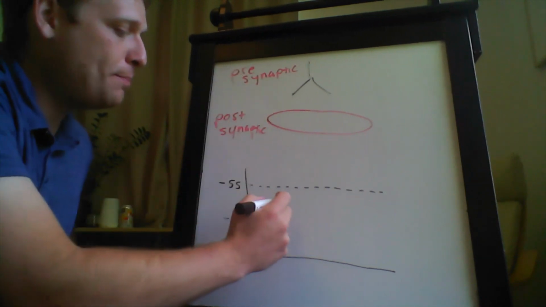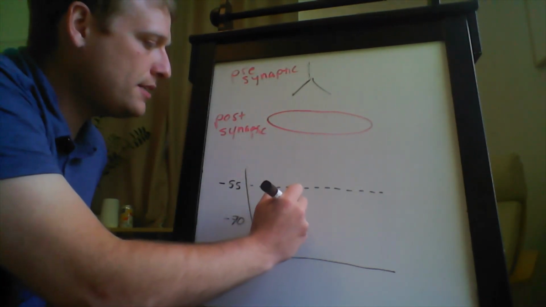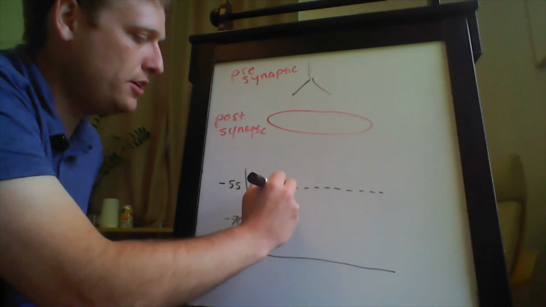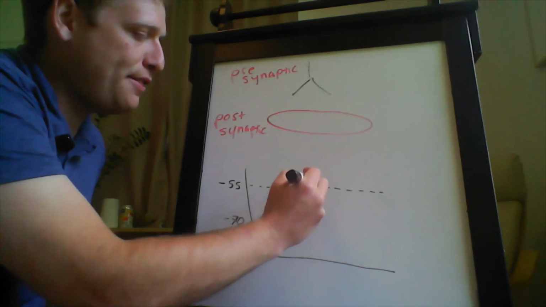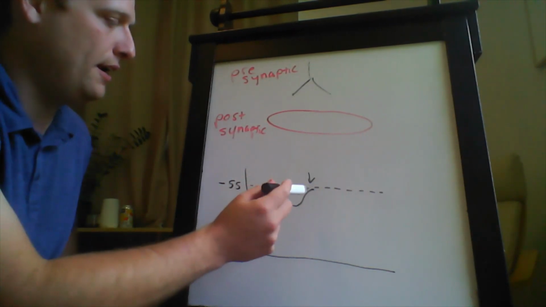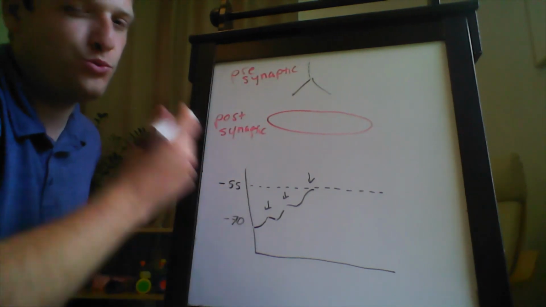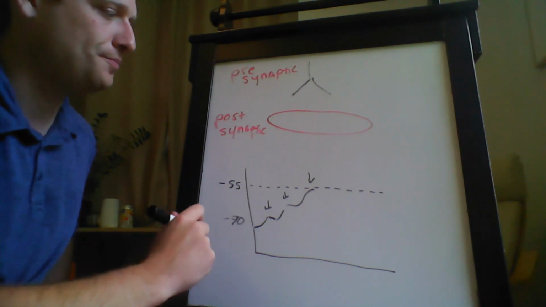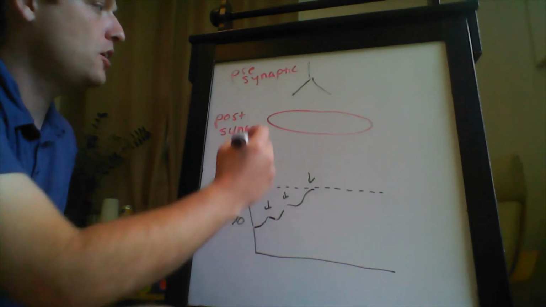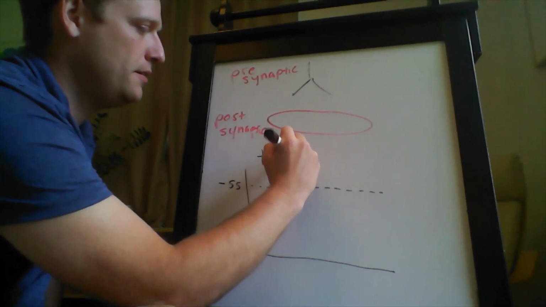So if you get repeated firing of this presynaptic neuron, here's the first action potential, here's the second, and then maybe a third is the one that is going to bring it up to the threshold. So if you have one neuron that's repeatedly sending a signal, those stimuli adding up on one another are called temporal summation.